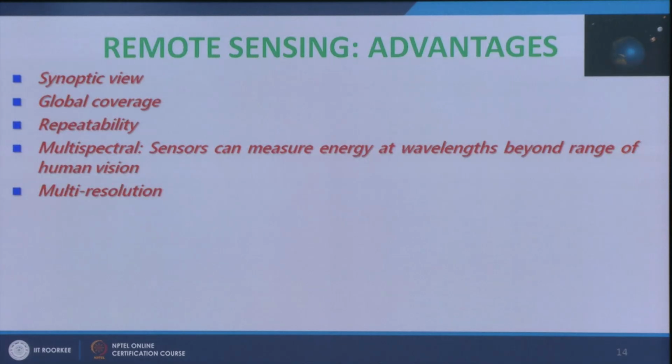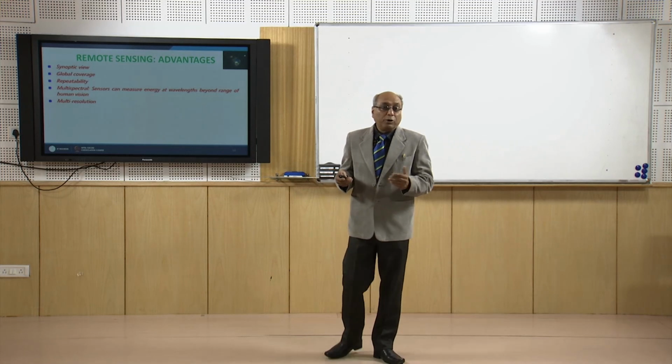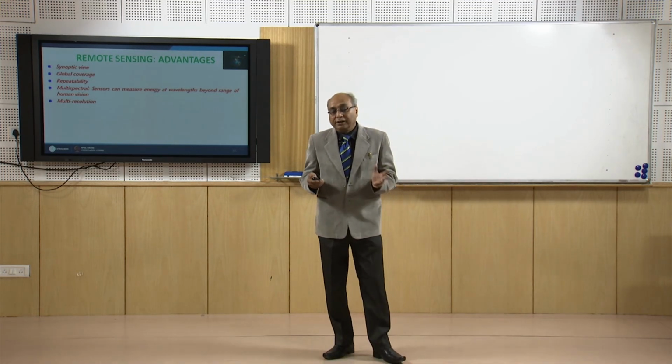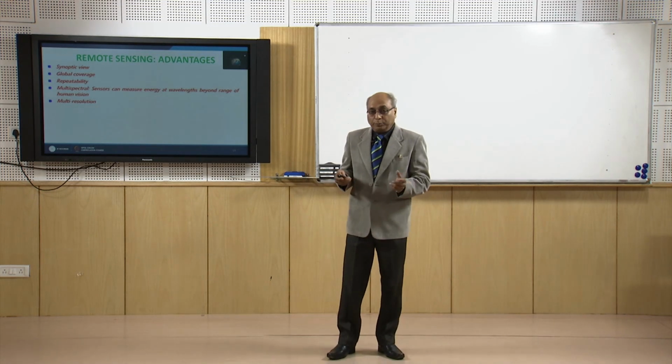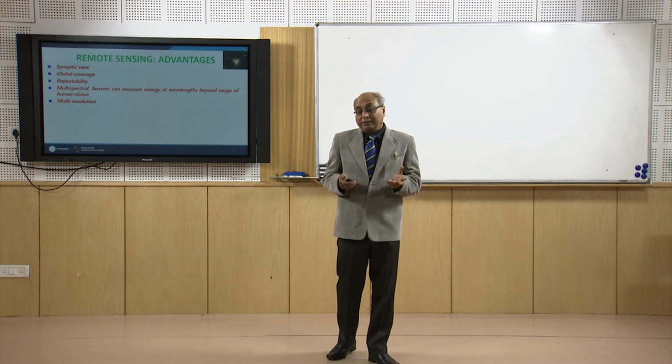Multi-resolution data: even on one satellite, we can have different sensors having different resolutions. For example, SPOT has a panchromatic camera at 10-meter resolution and 20-meter resolution multispectral data. The same example applies to our own IRS satellites.